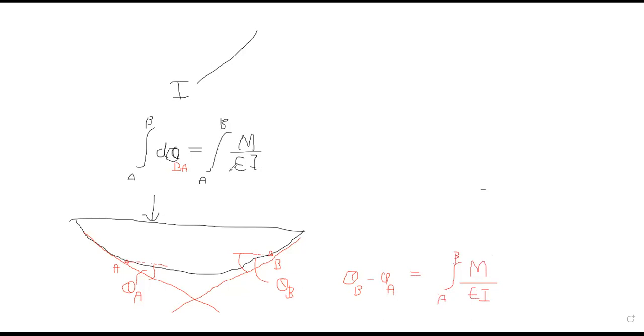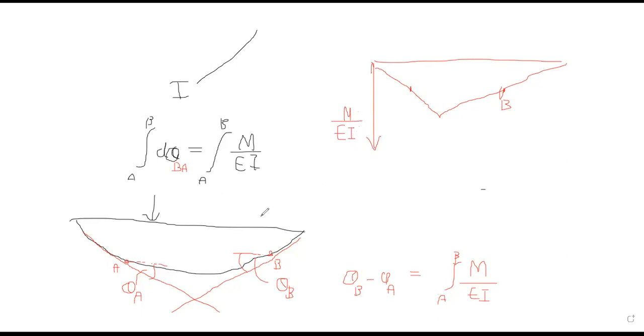If you draw the bending moment for this, the beam is sagging, so you will end up with a bending moment diagram like this. Let's say A is here and B is here. Once you have the bending moment, you just divide by EI and it is M over EI, right?